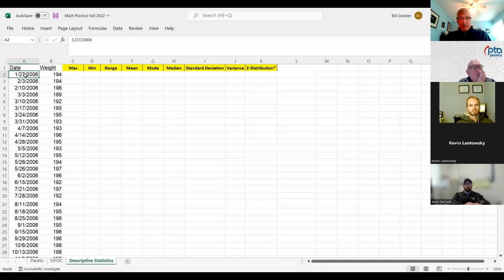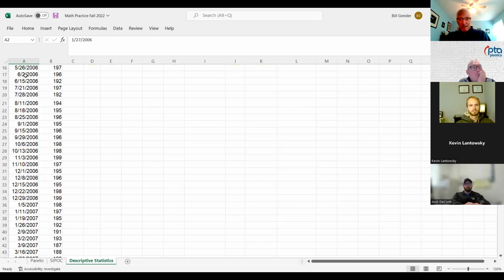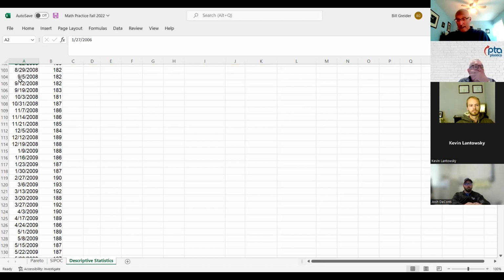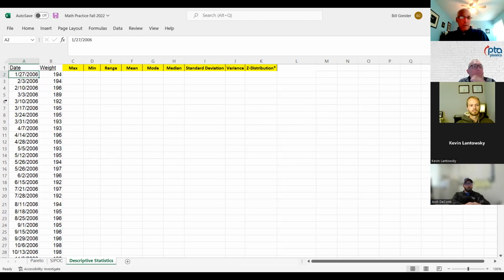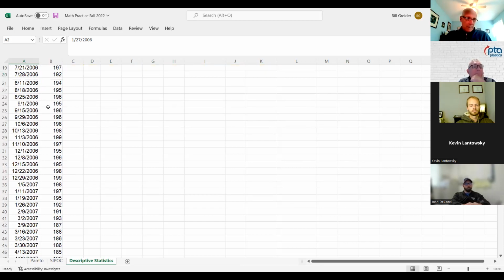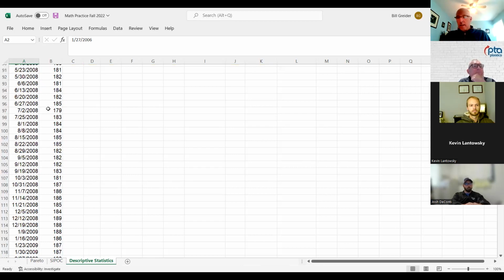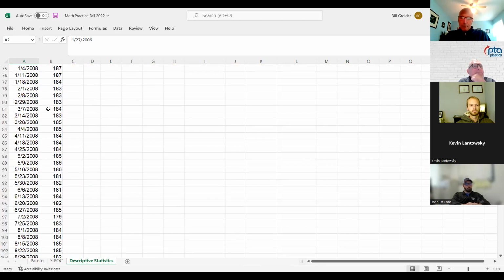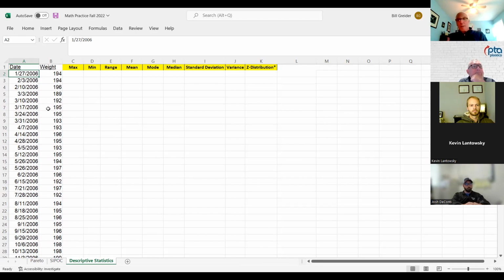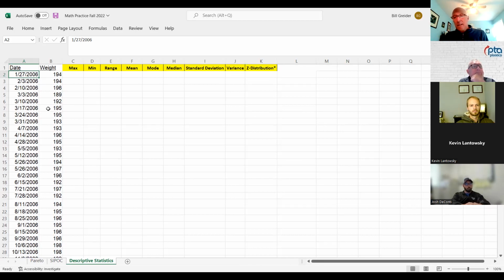So what we have is 750 pieces of data, Fridays, just basically jumping on the scale and weighing myself. And I can go through and look at the data all I want, but it doesn't really say anything, right? So there are some graphical things that I can do to make the data talk.